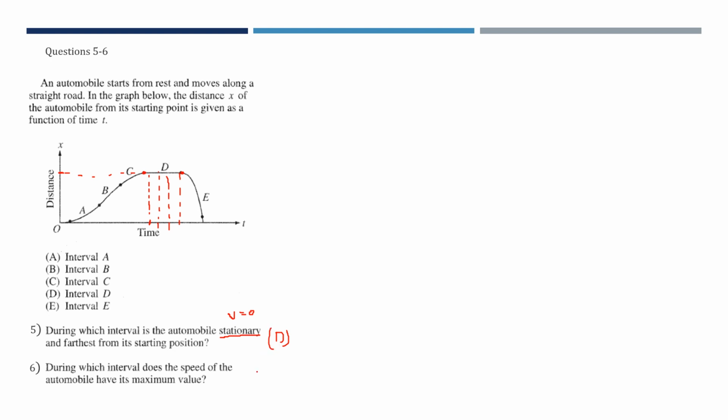Question 6. During which interval does the speed of the automobile have its maximum value? Now we have a graph between distance and time. The slope of the distance-time graph is the speed. So to have the maximum value for speed means to have the maximum value for slope.